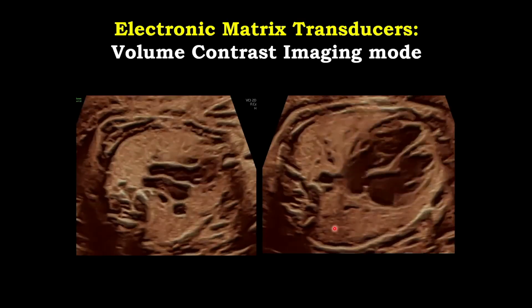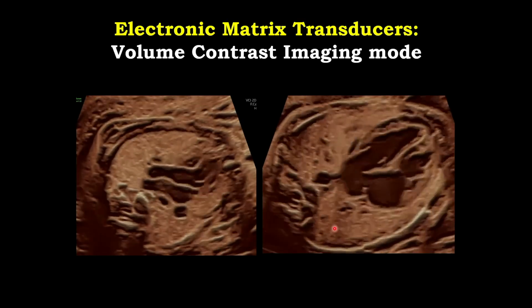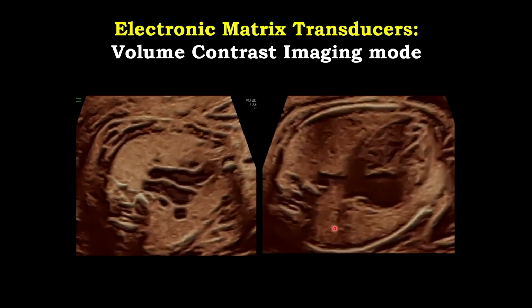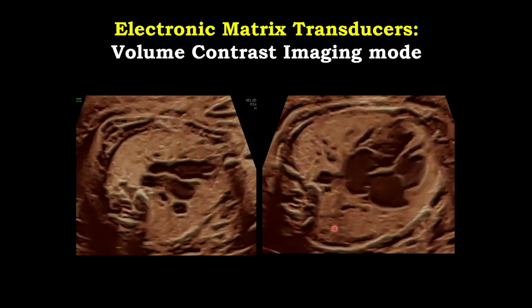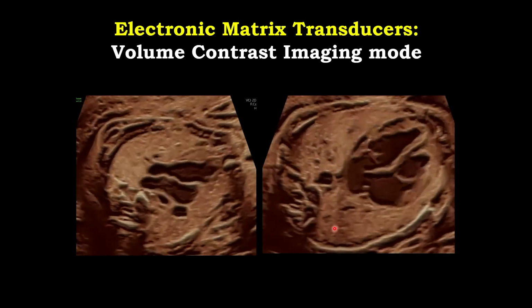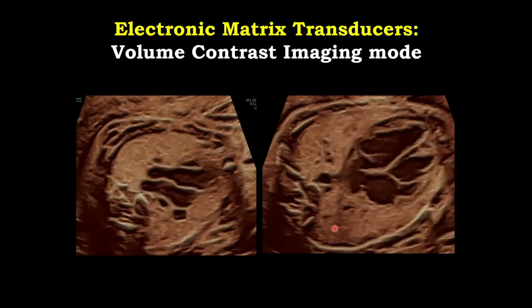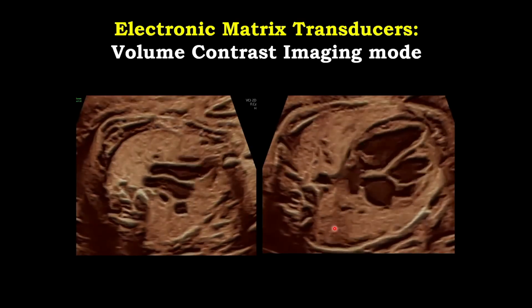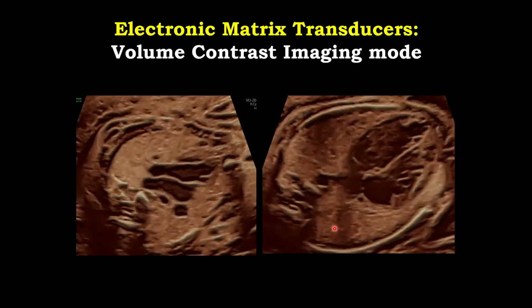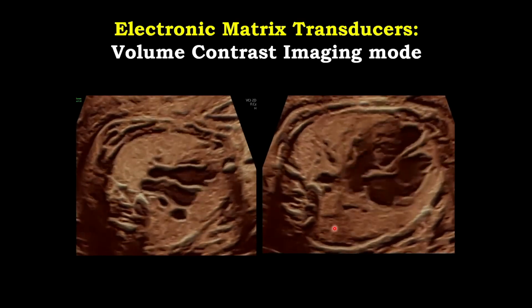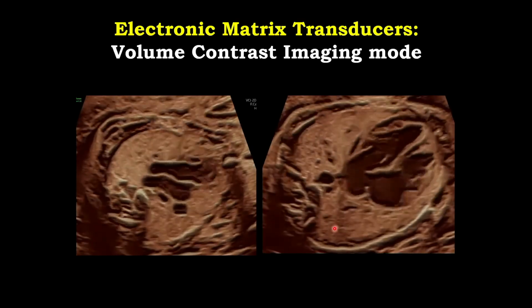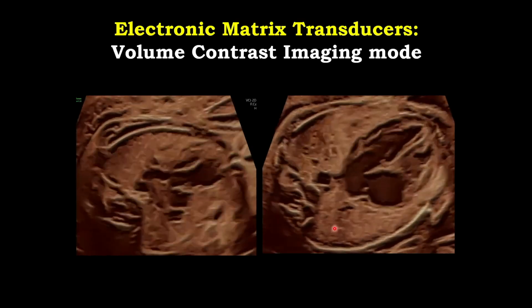This is a completely different type of visualization that can be achieved with this new technology. It's hard to believe that this is just a 2D image and you are scanning without any manipulation of the volume. You're just applying this technology, you activate it, and the only thing you need is a 3D probe.